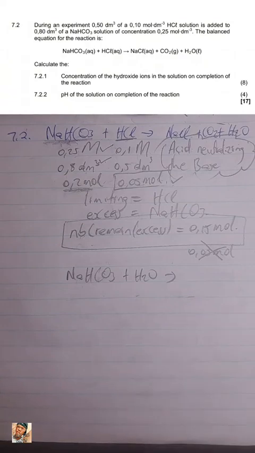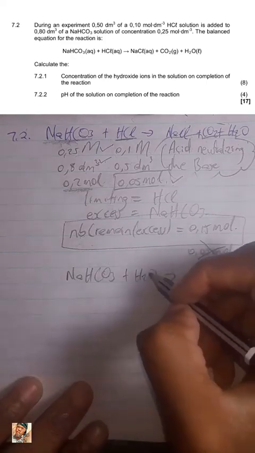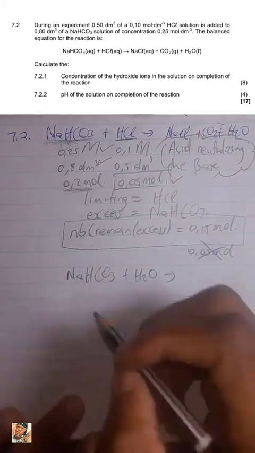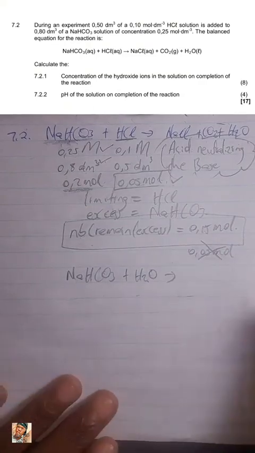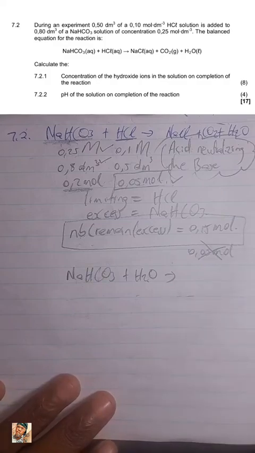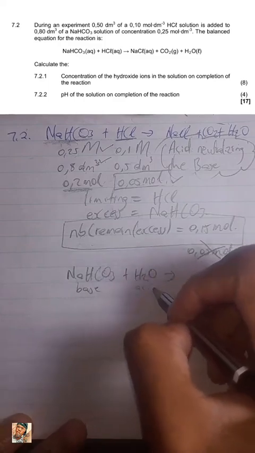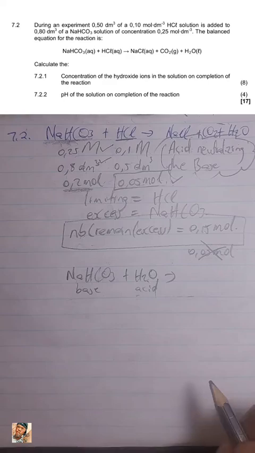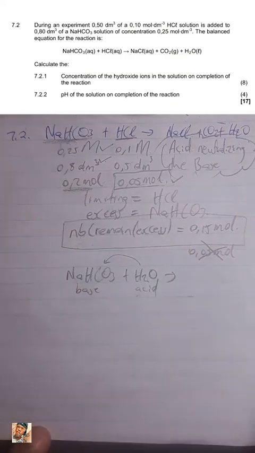Okay, so how is it going to give us the hydroxide ions? We have the base and the water that are going to react to give us the hydroxide ions, right? Since this is the base and this is the acid, remember that according to Lowry-Brønsted theory, this is the base and it has to accept a proton.